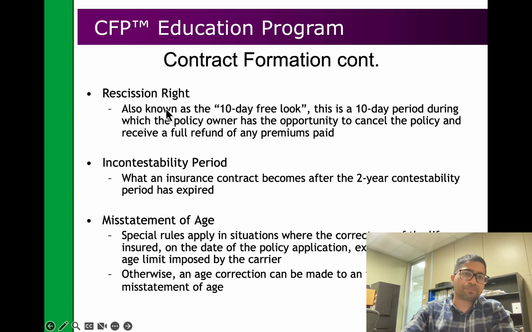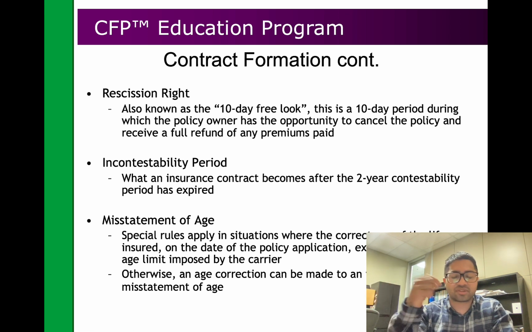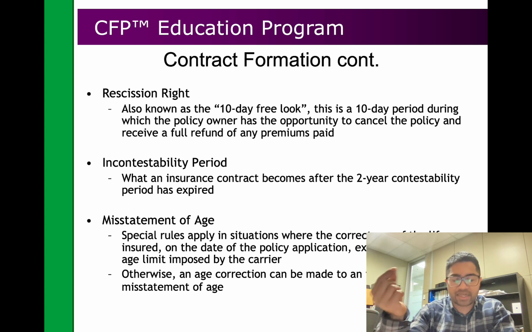Okay. Now, when you form an insurance contract, there are rescission rights, also known as a 10-day free look. It means when you get an insurance contract from the insurance company by paying the premium, you have 10 days free look. Within 10 days you can cancel the insurance contract.